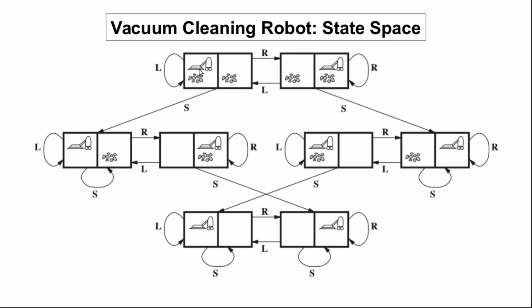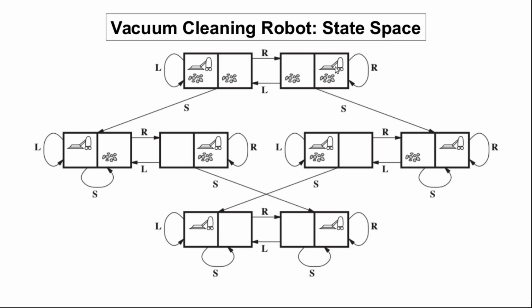So if we try to go to left, we'll stay in the same room, and hence when both the rooms are dirty and we are in room A and we are trying to go to the left, we will stay in room A and both the rooms will remain dirty, and that's why for the move left we come back to the same state.